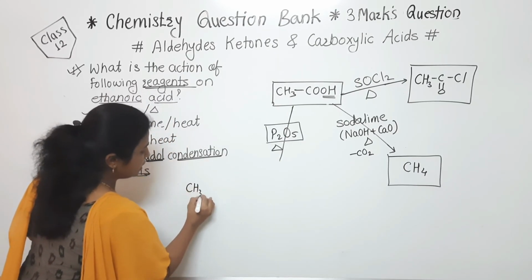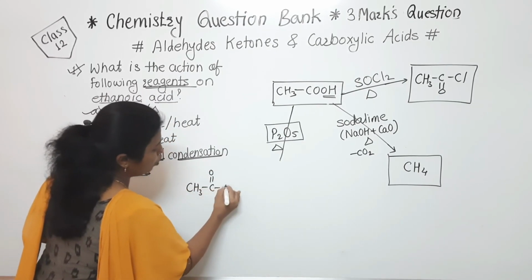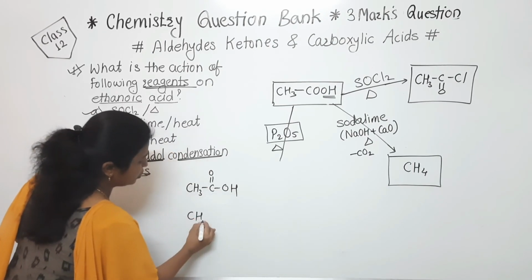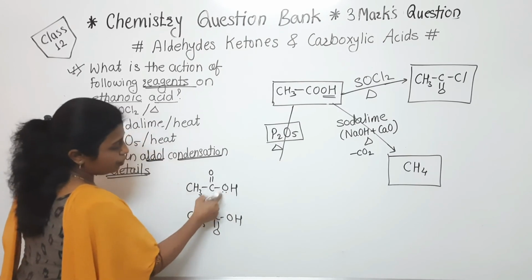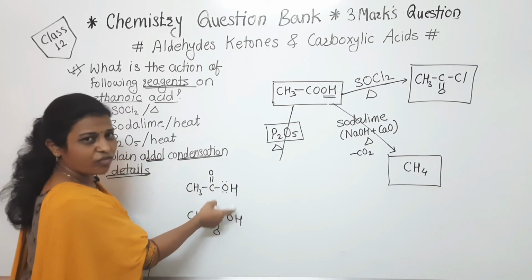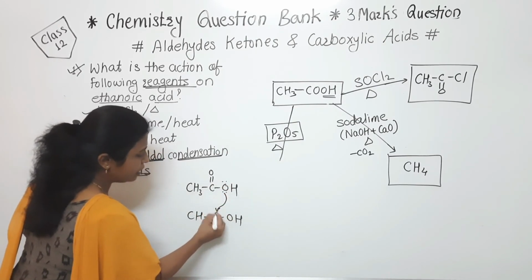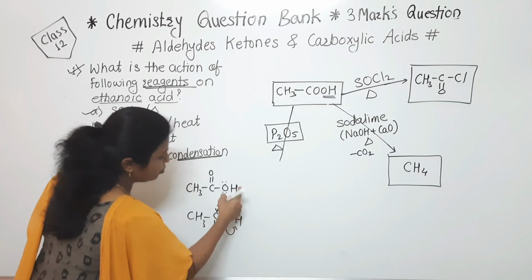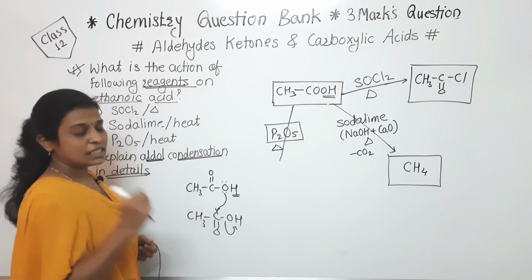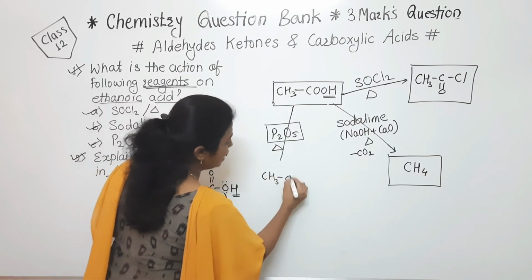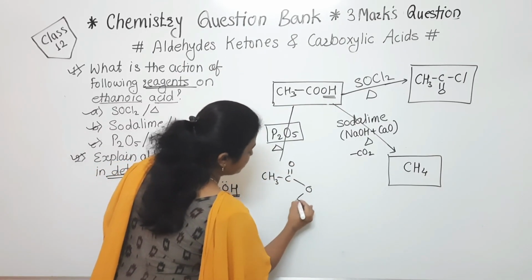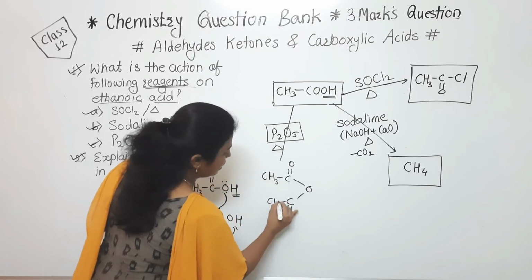CH3 C double bond O OH, CH3 C double bond O OH. The lone pair present on the oxygen of one will attack here, and the H from the first and OH from the second molecule will come out, and here we will get the product, that is the anhydride, and this is the structure of this anhydride.